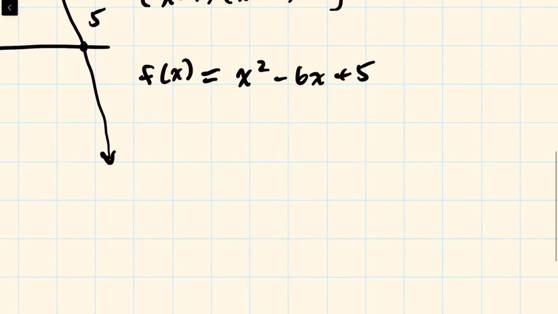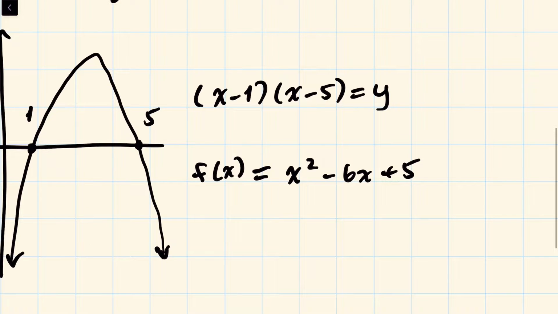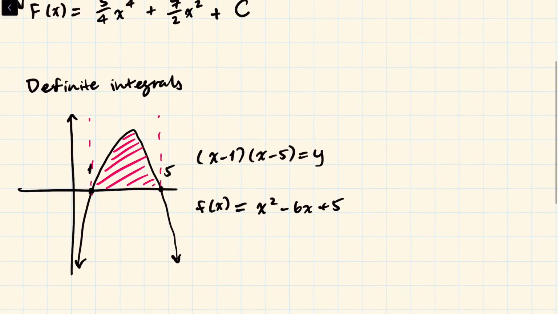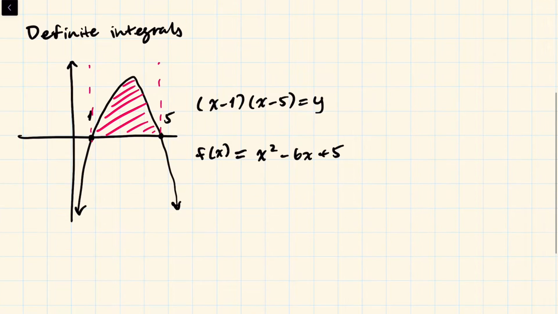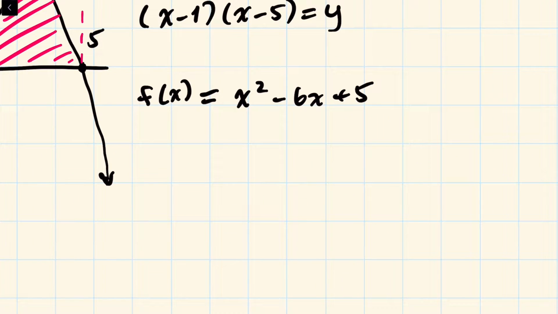We want to find now the area enclosed by it up here, and that's between 1 and 5. We want to find that area, so we're going to use integrals here.